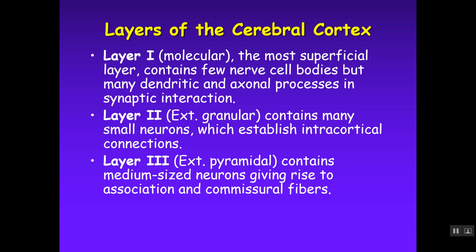Layer 3 gives rise to medium-sized neurons, giving rise to the longer association fibers and commissural fibers, okay, like your corpus callosum and your superior longitudinal fasciculus and those kinds of things. Those are the types of cell bodies that are giving rise to those longer axons that are going to reach and get connections through larger areas of your cerebrum.